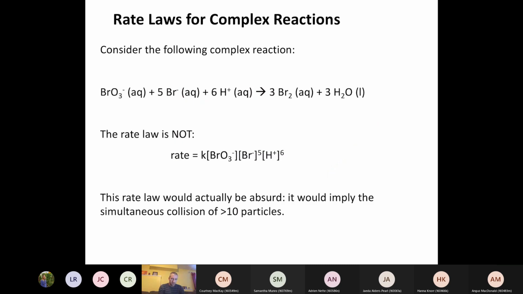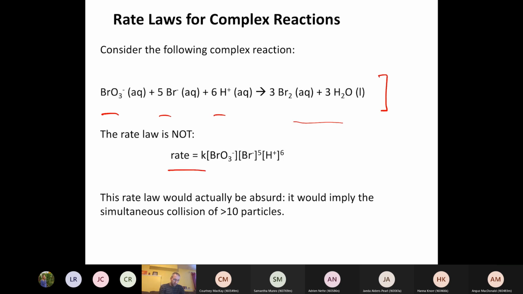So let's develop one of these tables and show how we can use that to determine a rate law. Here is an overall reaction where we have lots of things going on. We have bromate. We have 5 bromides reacting with 6 H+ to give us a couple of products. We don't care what the products are generally when we're determining these mechanisms.